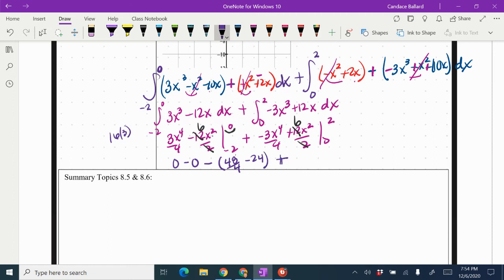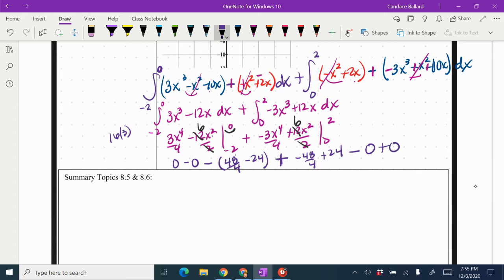And then we're adding 2 to the 4th, again, is 16 times -3 would be -48 over 4. And then 2 squared is 4 times 6 is 24. And then this time the 0 is on the bottom, so we're subtracting 0 plus 0.